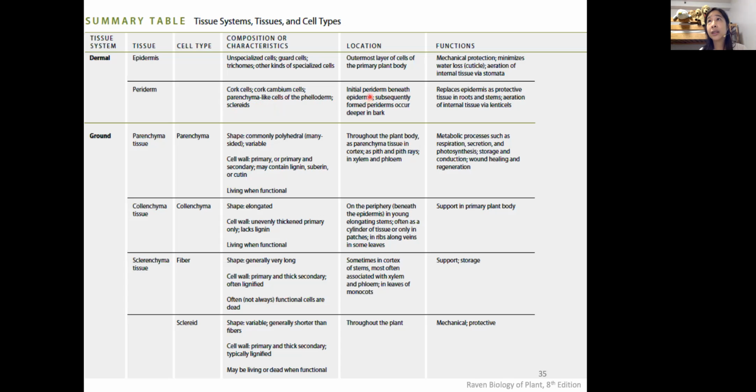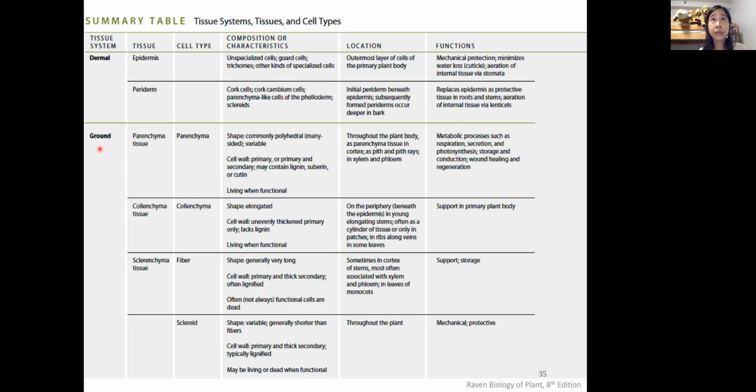Location is initially beneath the epidermis, but subsequently periderm is exposed to the outer part because the epidermis will eventually disappear. It replaces the epidermis as protective tissue in the roots and stem, and it gives aeration to internal tissue with another type of structure called lenticels. Again, you will learn about this in the structural part.